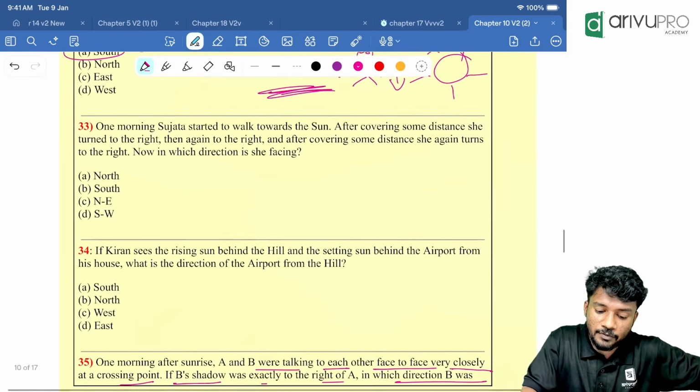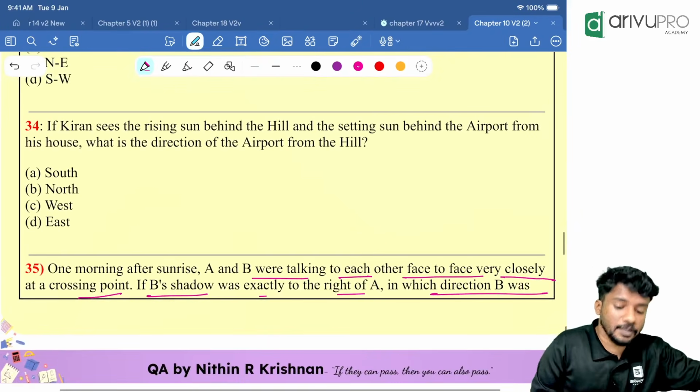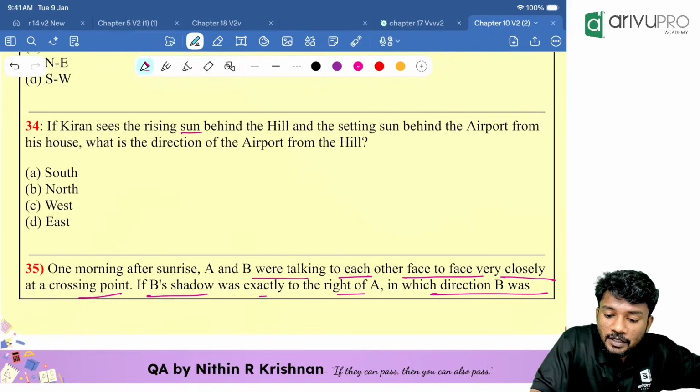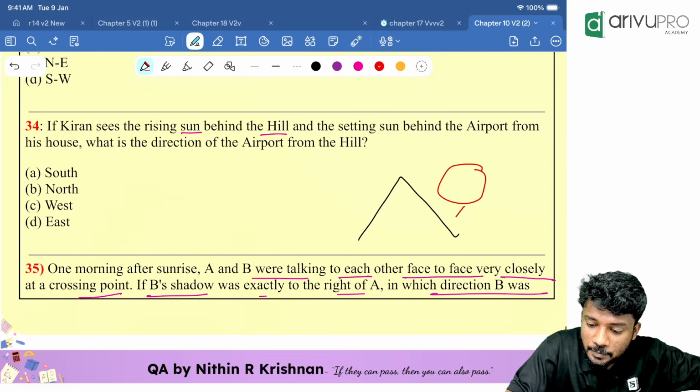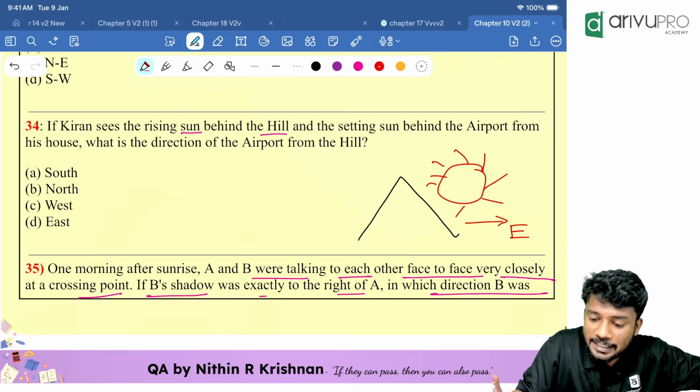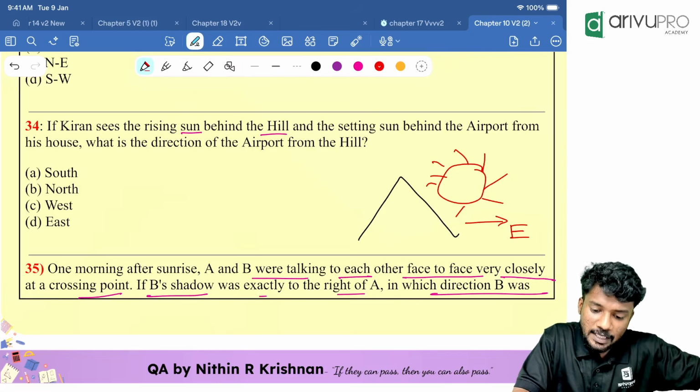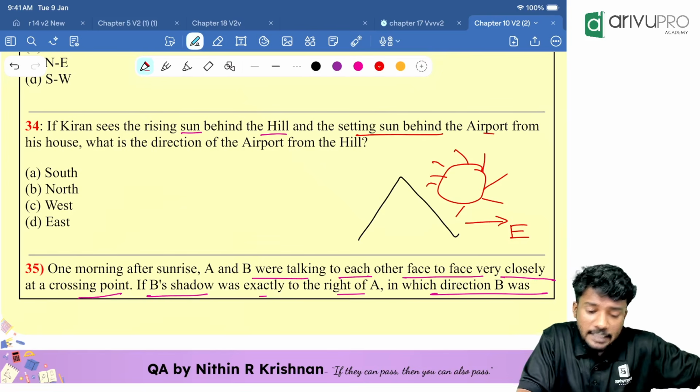Now the second type of question. Look at this question, people. Kiran sees the sun rising behind the hill. For example, the hill is there, and the sun is rising behind the hill. That means this direction is the east direction. Then the sun is setting behind the airport.